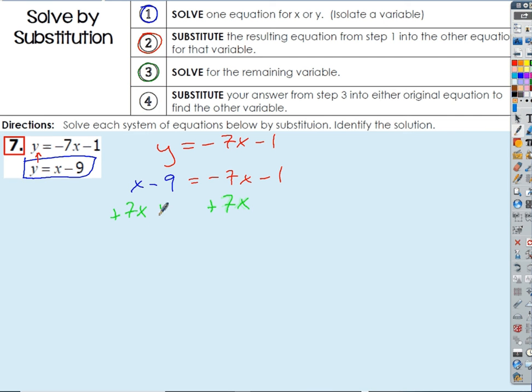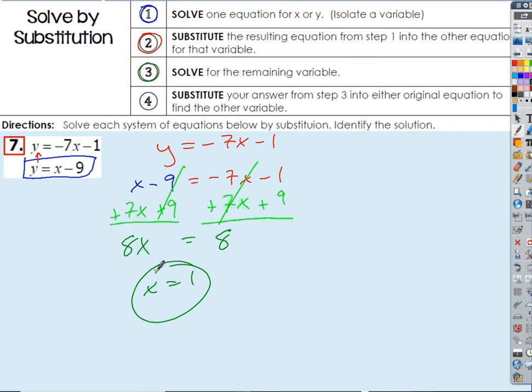So I could add 9 to both sides. And then look what happens. The 9's cancel on the left, the x's cancel on the right, and look what we get. 8x equals 8, right? Okay, so then what's x equal to? 1. If I divide each side by 8, I get x equals 1.